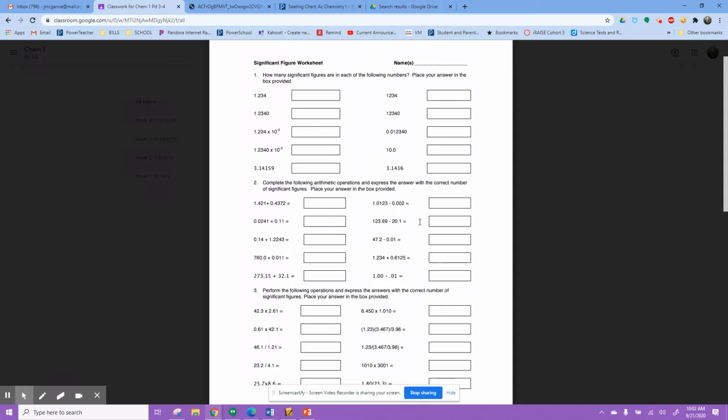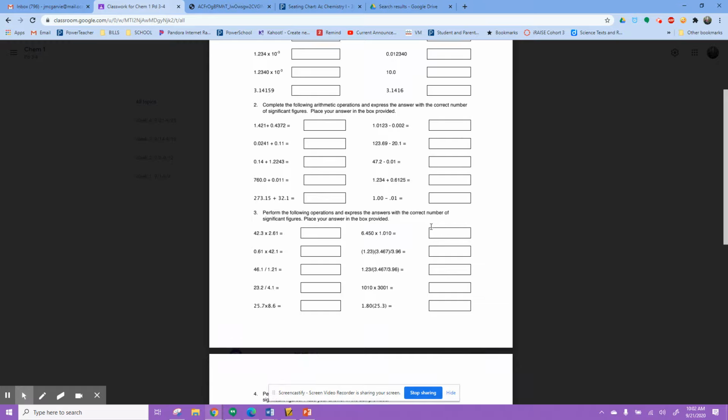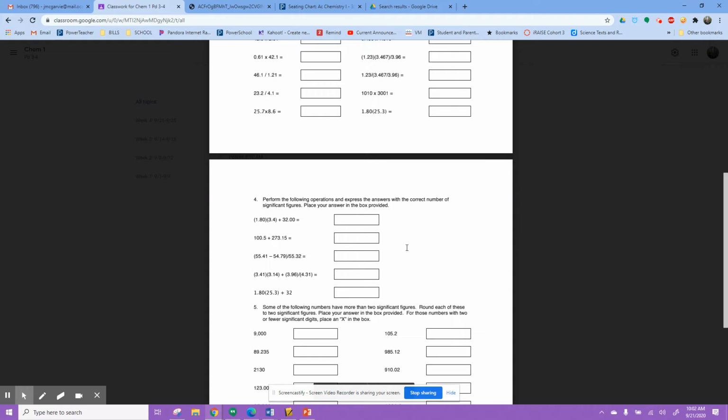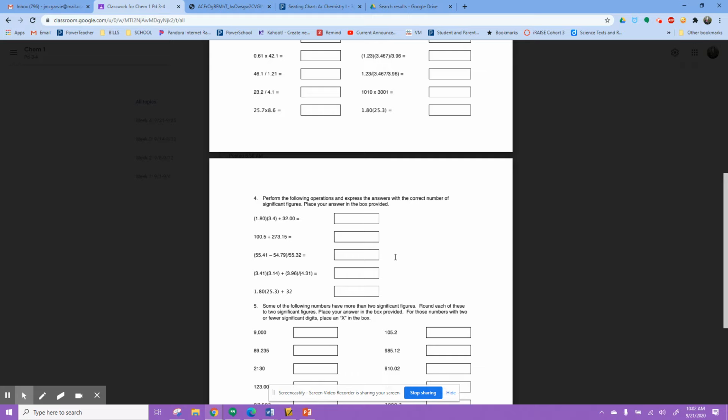We can go over this tomorrow to make sure we have this right. So you're going to attempt and try, and then we'll go over it. In number 3, you're multiplying and dividing. Number 4 combines them, so you have to do your order of operations. If it's in parentheses, get your sig digs right for that first, and then divide.